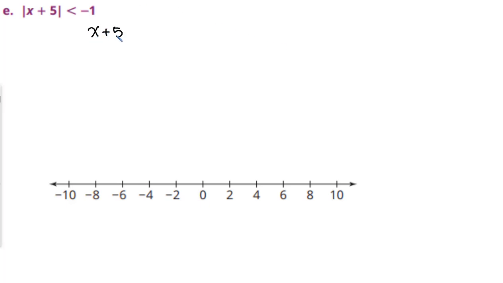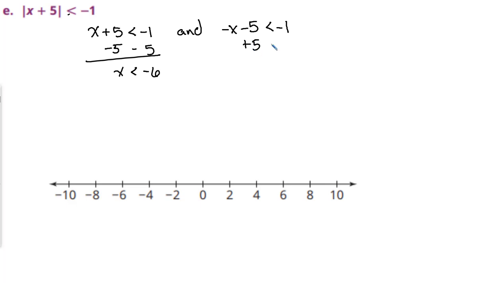The absolute value of x plus 5 is less than negative 1. It's less than, so that means it's "and." Negative x minus 5 is less than negative 1. So we're going to solve each one of these. I know it's the same numbers we were just working with, so if you just want to shortcut through and get to that point, just be careful in this other one that you're not changing what we're doing. And remember that we have our inequality symbols looking different.